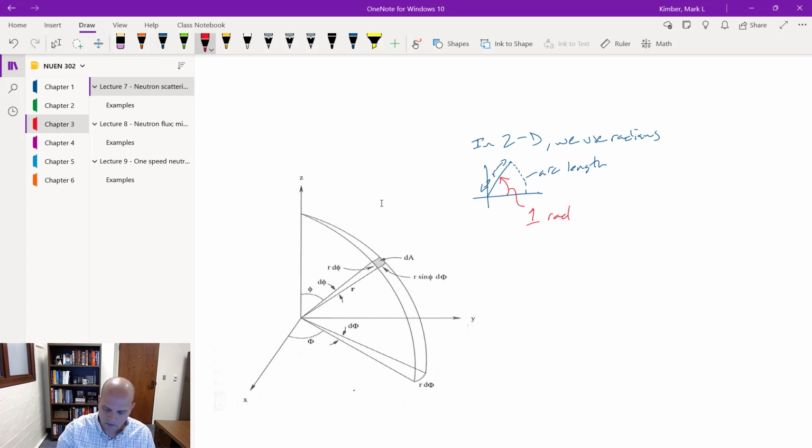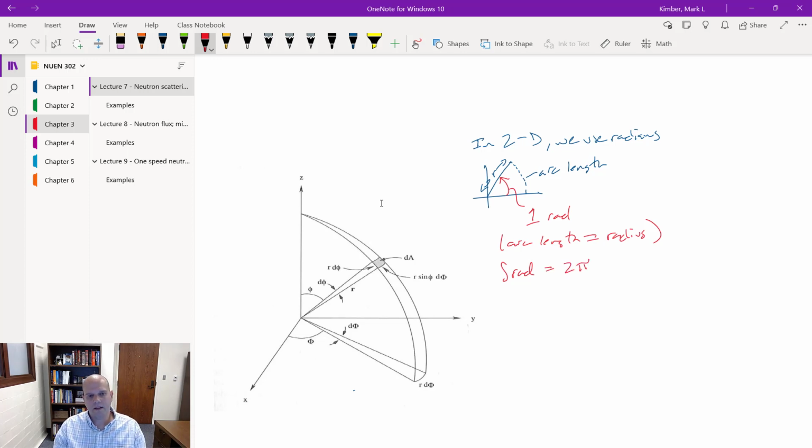When I have an angle of 1 radian, that's exactly what that means: my arc length equals the radius. And if I integrate the radians over all possible values, I'm going to create a circle, and I'm going to get a value of 2 pi.